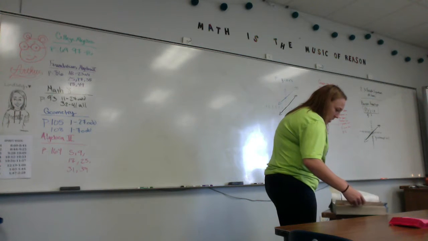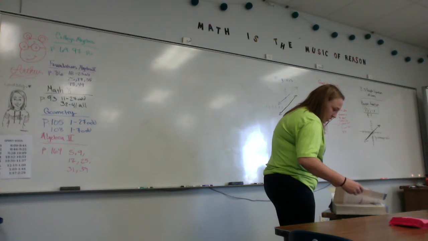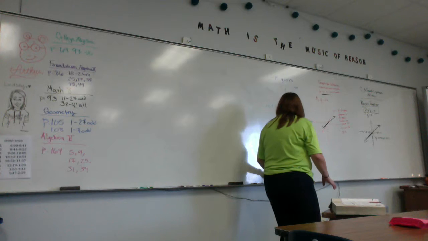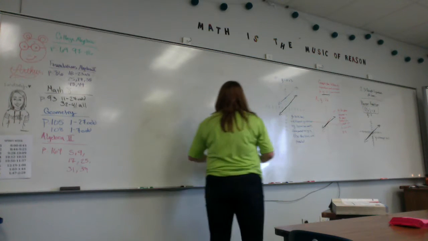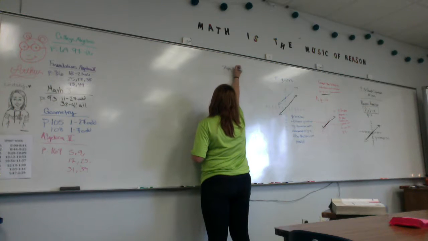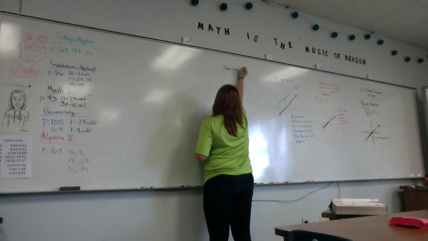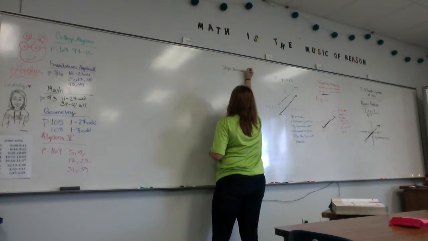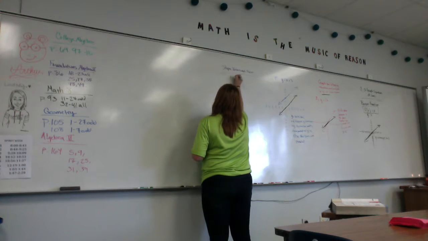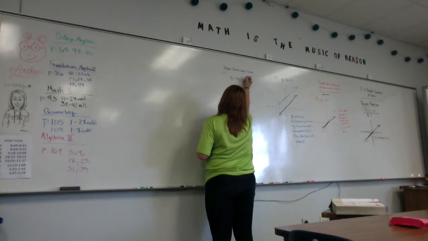So yeah, that's where we're going to start, and then we are going to continue into slope-intercept form. Okay, slope-intercept form. And slope-intercept form is y equals mx plus b.